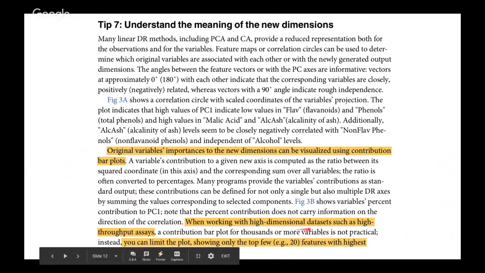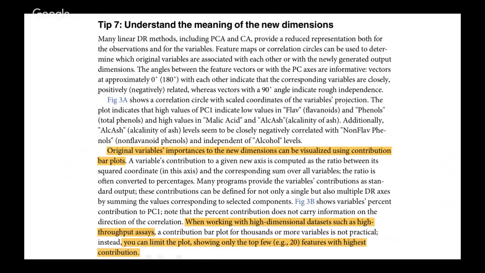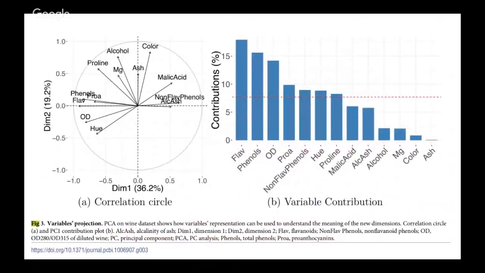When working with high dimensional data sets, such as high throughput assays, you can limit the plot to showing only the top few, for example, 20 features with the highest variability in your data. They show an example here, I think this is a wine data set, showing how variables representation can be used to understand the meaning of the new dimensions.